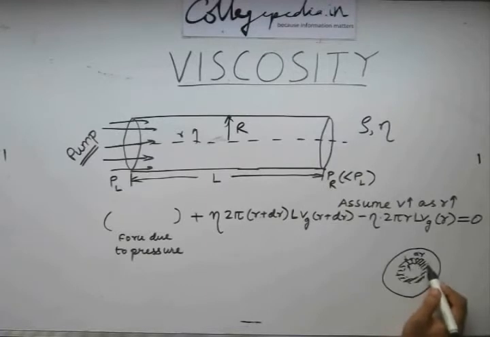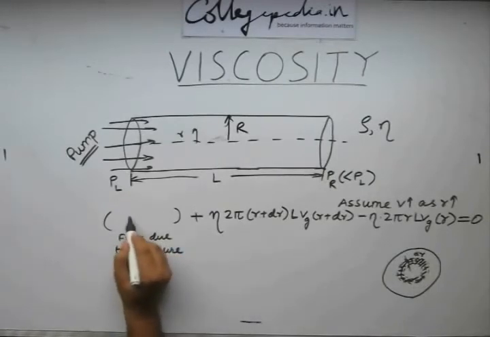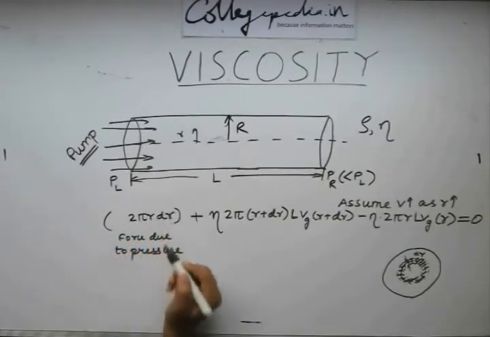So this is going to be valid. So the cross-sectional area of this annulus will be 2 pi r times dr.